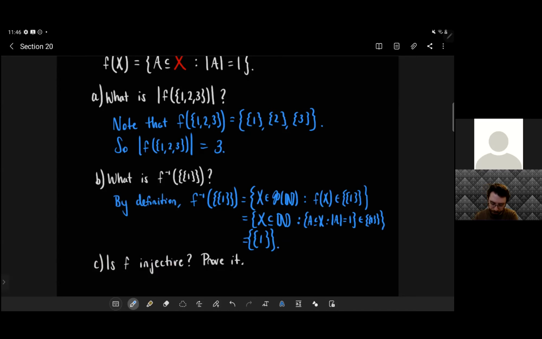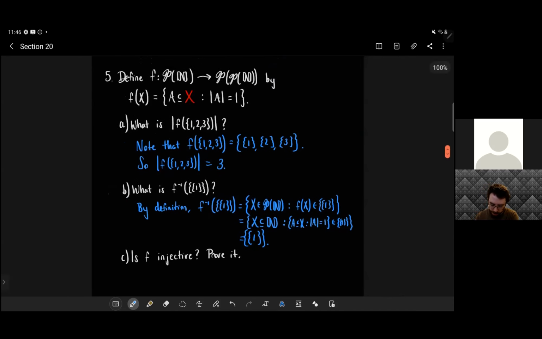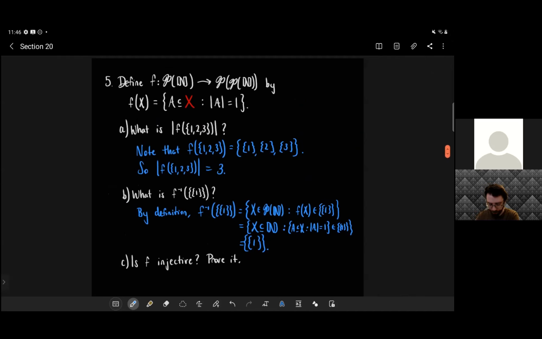But there you go. Next question, is f injective? And after that, is f surjective? So for injectivity, we're asking the question, if I start with two distinct elements of my domain, two distinct subsets of the naturals, will they produce distinct things in my codomain?